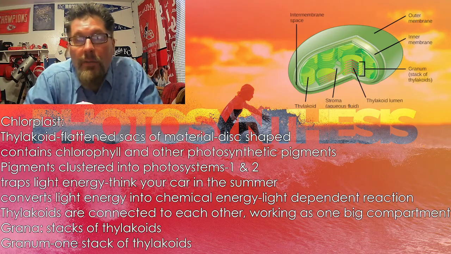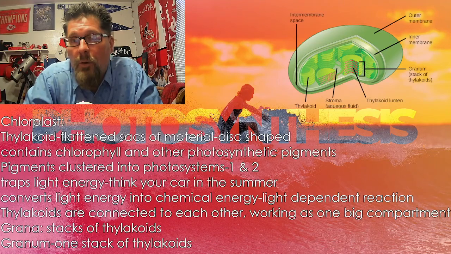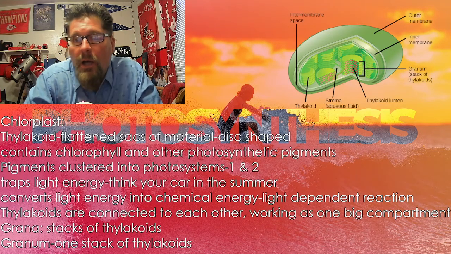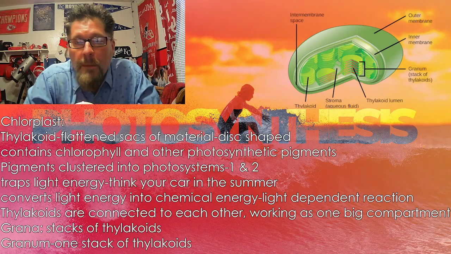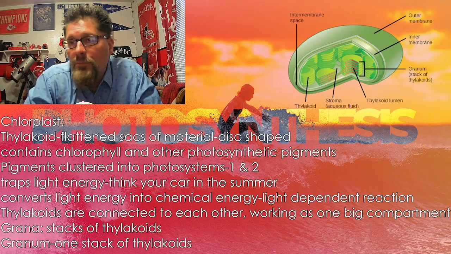Okay. Now this is a picture of a chloroplast, the little green pill. And just some things that we want to make sure that we recognize. First and foremost, the thylakoid. Those little flattened, basically disc-shaped objects.